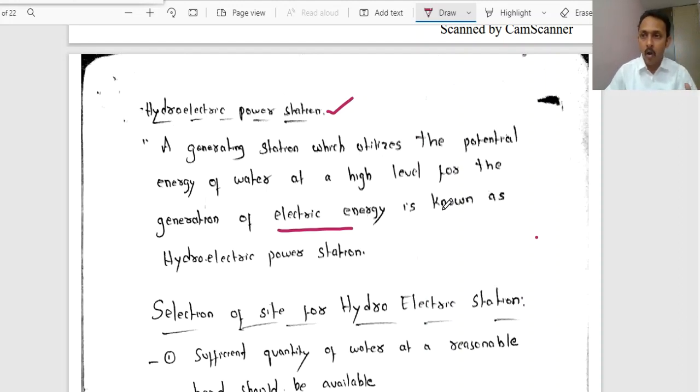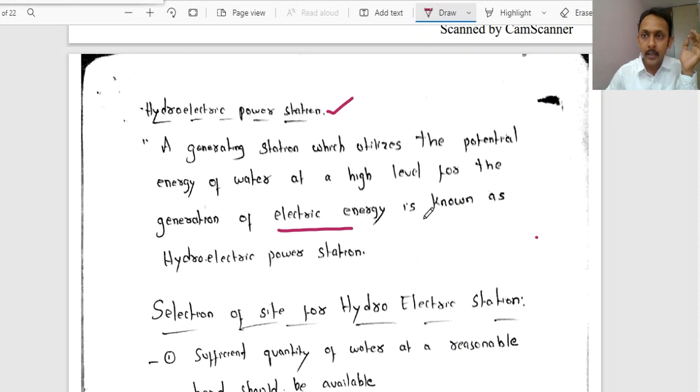Now all these forms of energy, depending upon the type of the turbine, will be converted into mechanical energy. Now the turbine shaft will be coupled to the generator shaft, where this mechanical output of the turbine will be converted to electrical energy with the help of the generator.